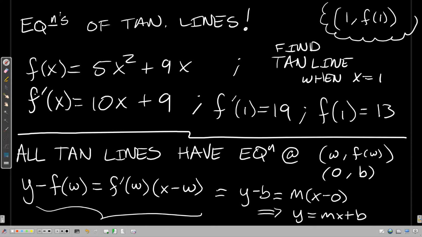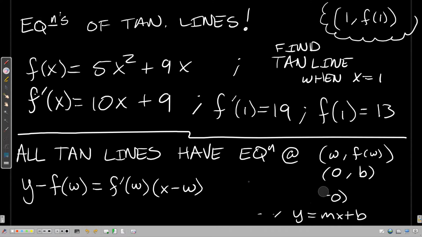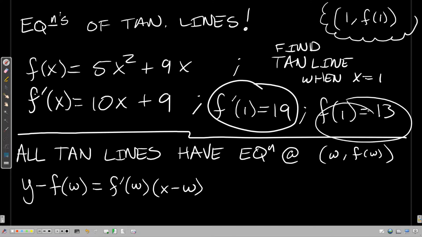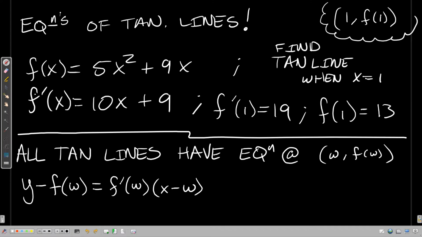It's just that this is a more general form of y equals mx plus b, because y equals mx plus b is the slope-intercept form, where you would need to know the point 0 comma b, but we don't know that point right now of this line. But we've got everything we need to just drop it into this equation, and we are done.